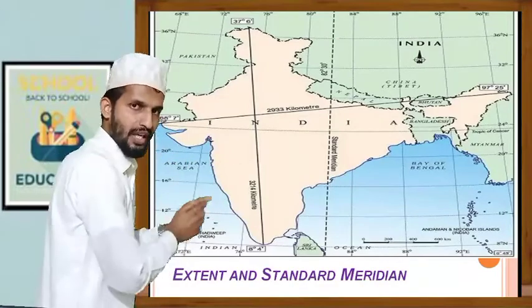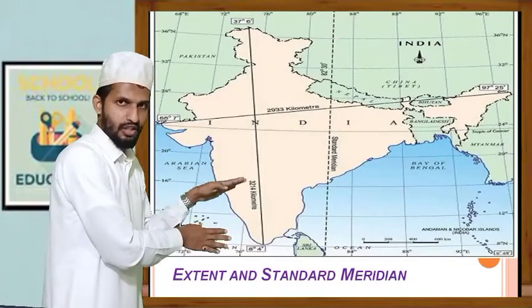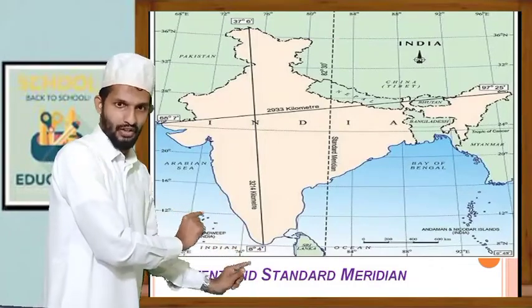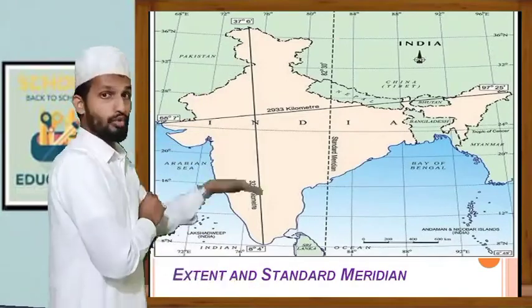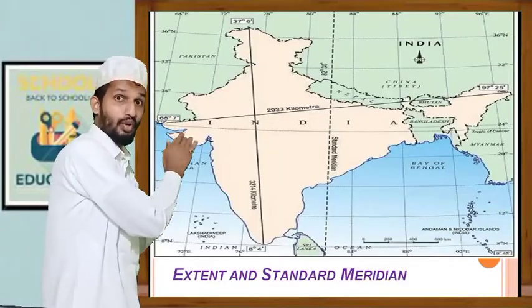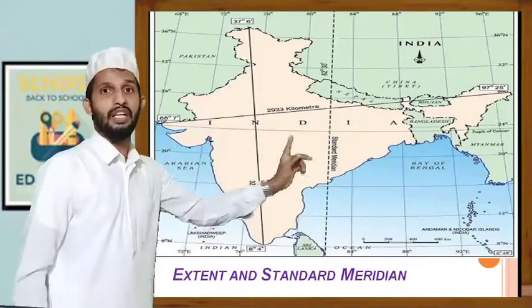And in this map, we can see that India's mainland lies entirely in the northern hemisphere. Its starting point is 8.4 degree north, and it extends to 37.6 from south to north. And from Gujarat, we can see 68.7 degree east to 97.25 degree east.